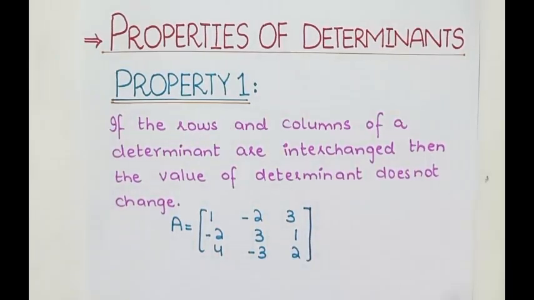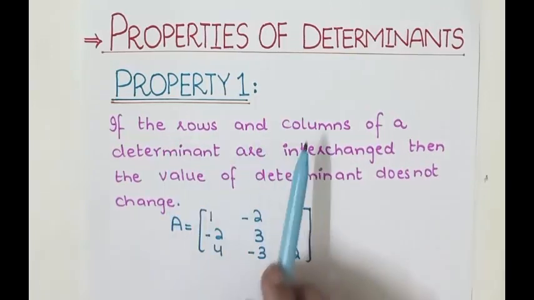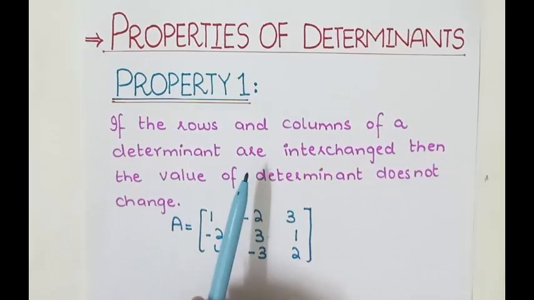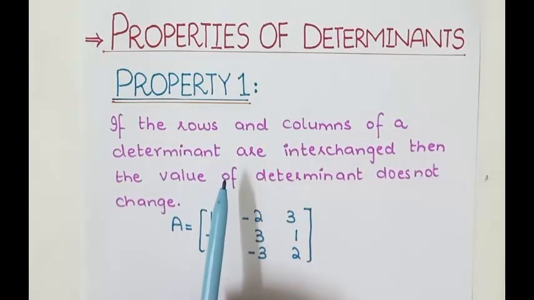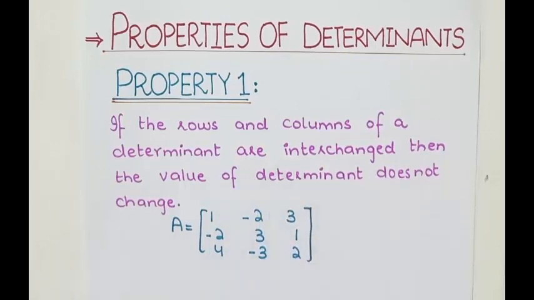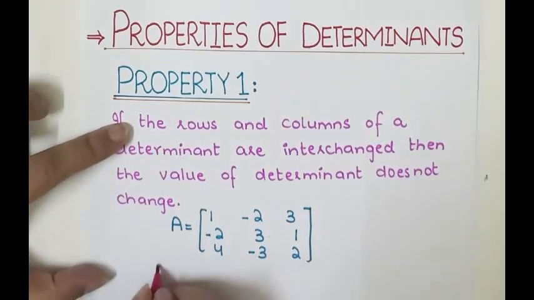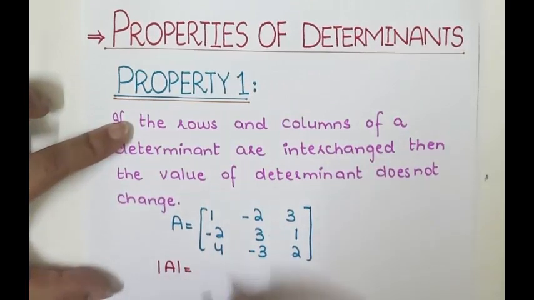First we will take the determinant of this 3 cross 3 matrix and then we will interchange the rows and columns of the determinant and see whether we get different answers or the same answer. In this way we can prove our property. So taking the determinant of A, first writing the matrix in determinant form.